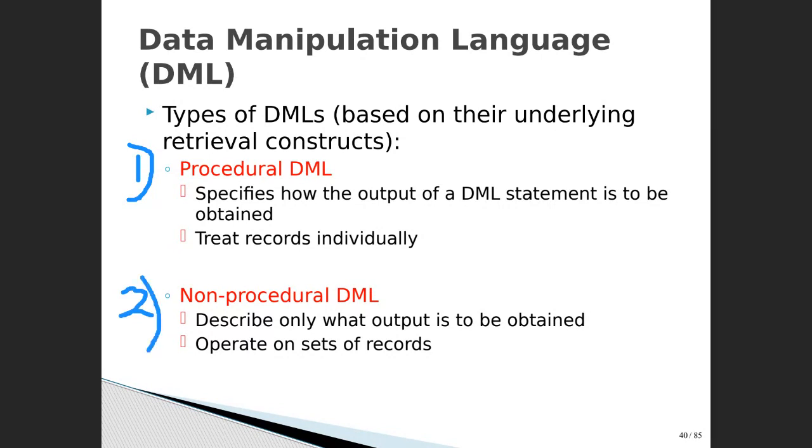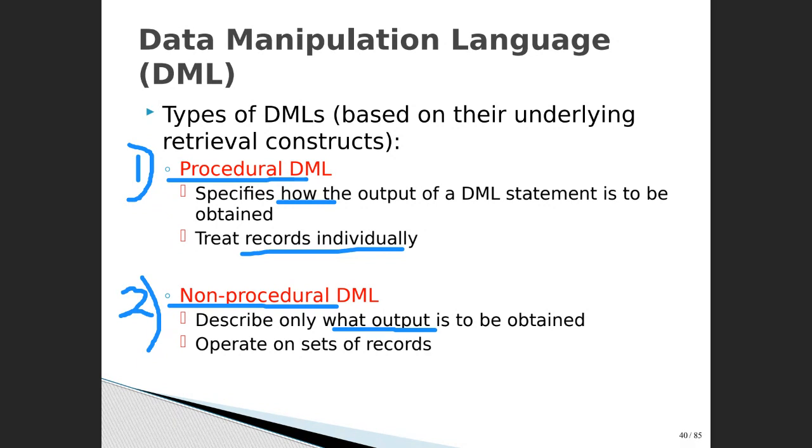Procedural, it will specify how the data or the DML statements will be obtained, and it will treat records individually because it's procedural. While non-procedural, it will describe what output is to be obtained. So procedural DML will describe how the output will be obtained.